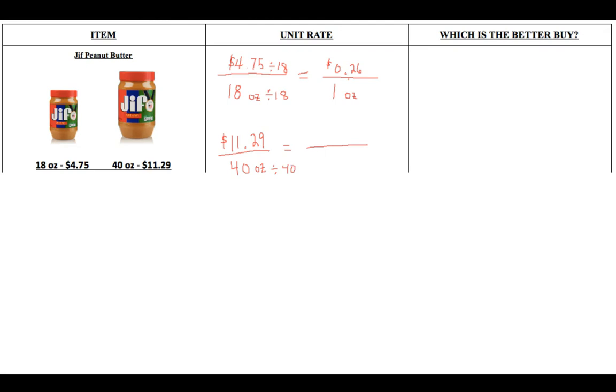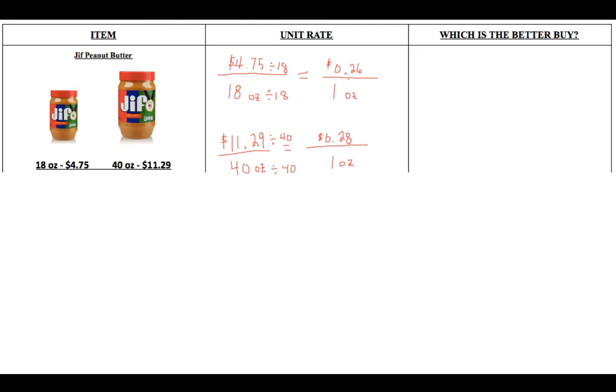And that'll give me 1 ounce. And what I do to the bottom, I also will have to do to the top. So $11.29 divided by 40 ounces. And the cost per ounce for the 40-ounce jar is actually going to be 28 cents.